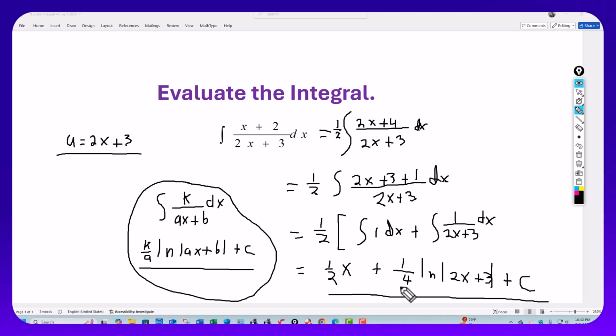Now, one thing that I want to point out to you is sometimes you're working a problem by whatever method. Let's say, for example, we did this problem another way, and we got everything we have here, except suppose it was a plus 3. So we had 1/2 x plus 1/4 ln of 2x plus 3, constant of integration, c, and we also had an extra 3 here.